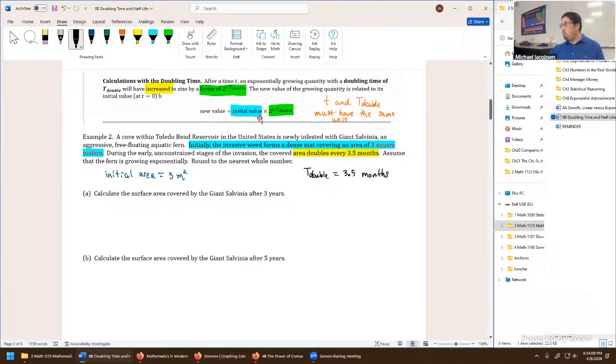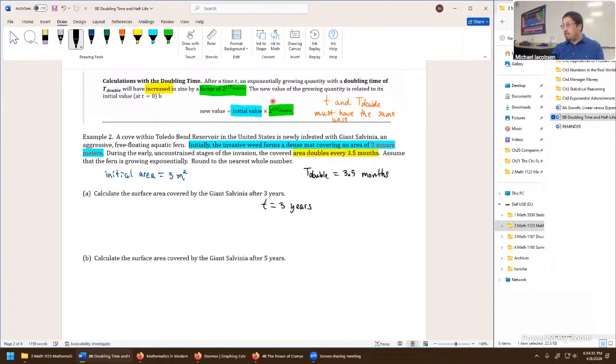Okay, really, once we have the two parts, the initial value, the doubling time, and a value t for time here, 3 years, and another time here, all we're doing is just dropping information right into that formula. Let's write, when it says 3 years, t equals 3 years.